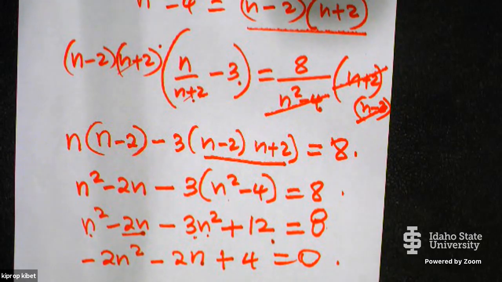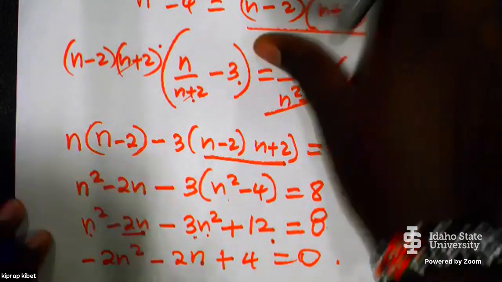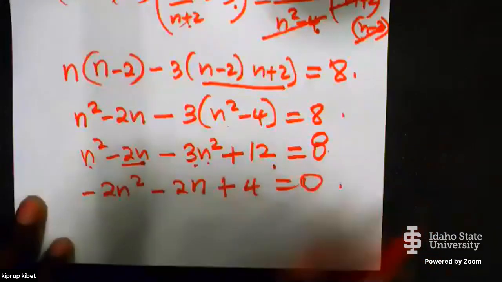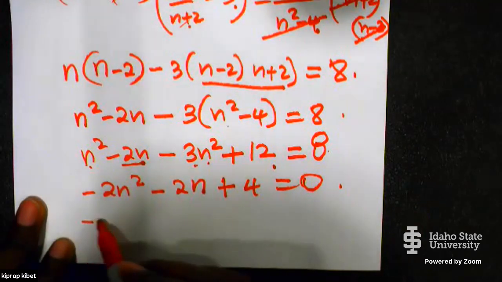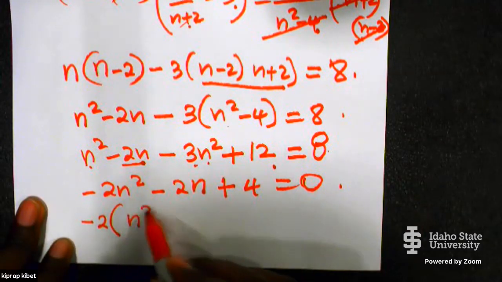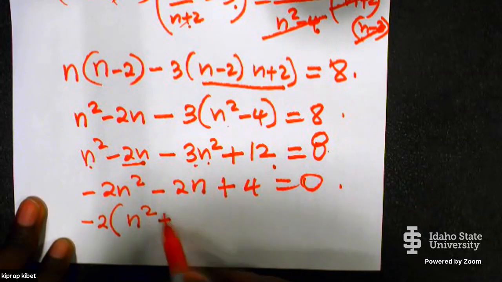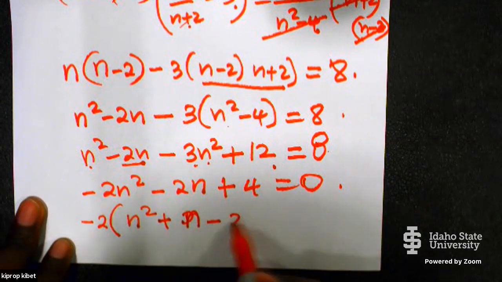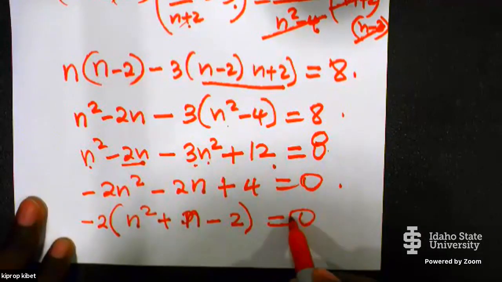Then what is the greatest common factor there? Minus 2. So n squared plus n minus 2 equals 0.